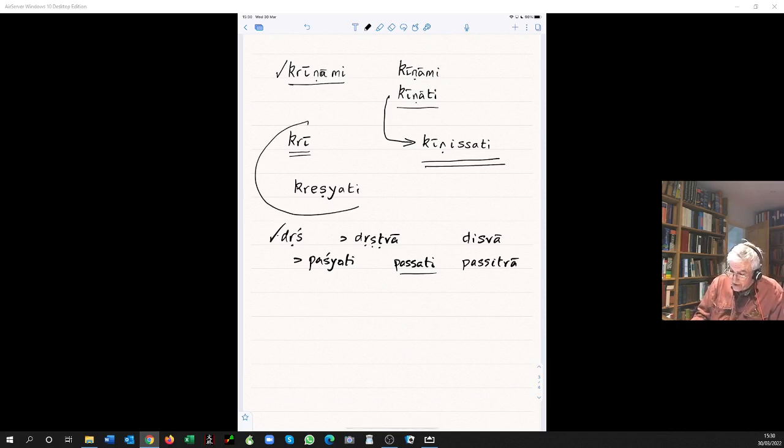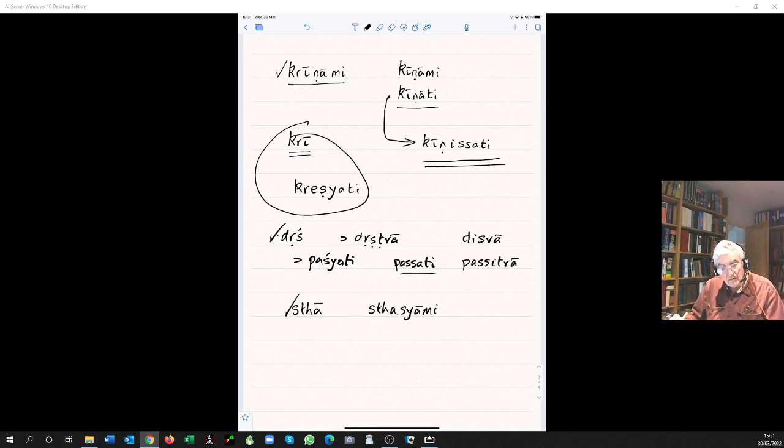So kinissati in the future, not permitted in Sanskrit, but that's how it's done in Pali. The way it's done in Sanskrit is regular. Now, for example, look at the Sanskrit root stha, to stand. I will stand is regular, sthasyami. Look now near the top of page 56, the fourth example given.